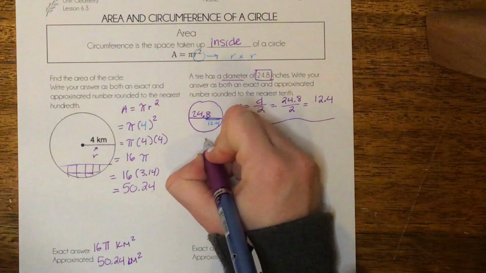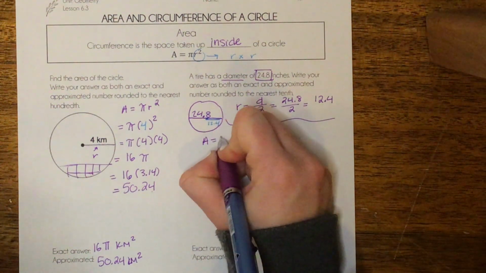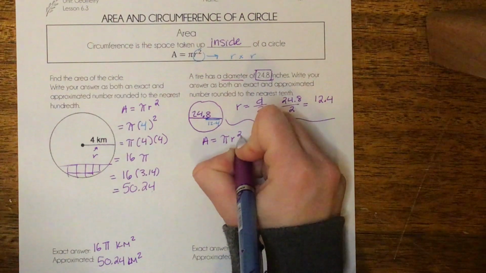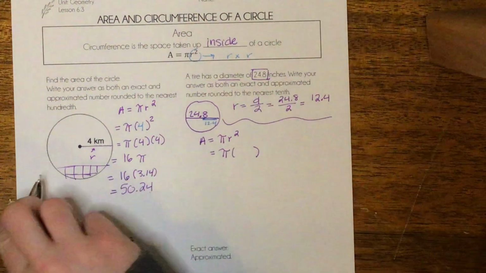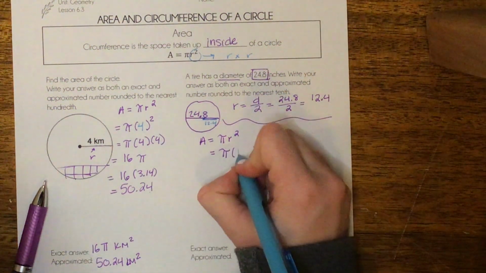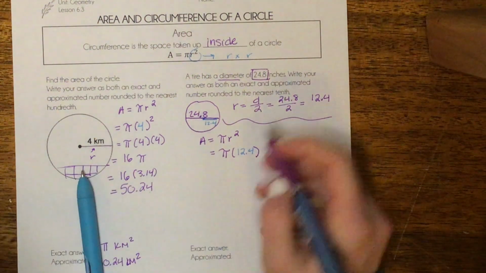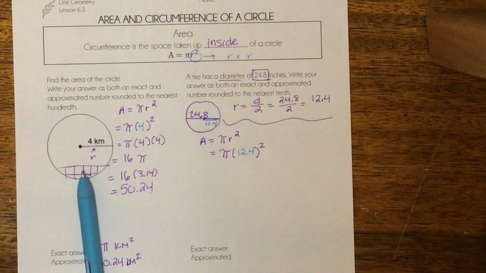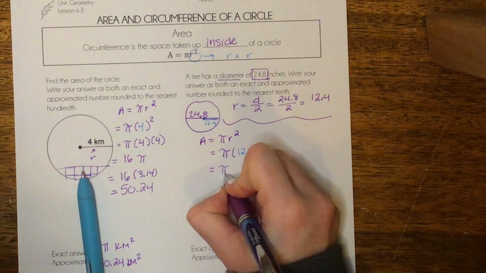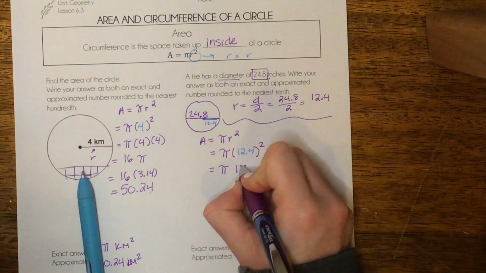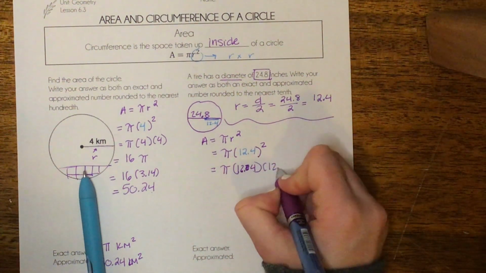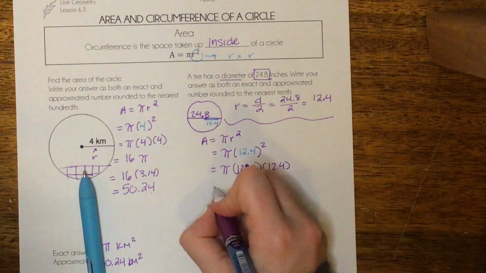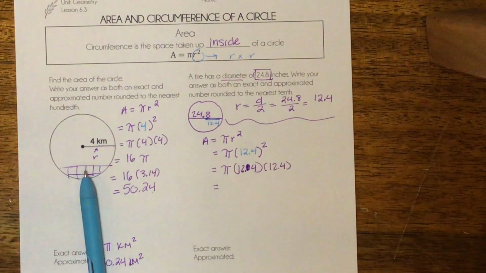So I'm going to start by writing my formula again. My area is equal to pi times the radius squared. But instead of r, I'm going to put in the measurement of my radius, which is 12.4 squared. 12.4 squared means 12.4 times itself 2 times, so 12.4 times 12.4.